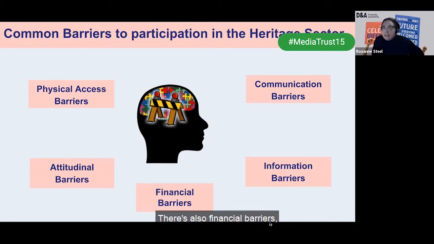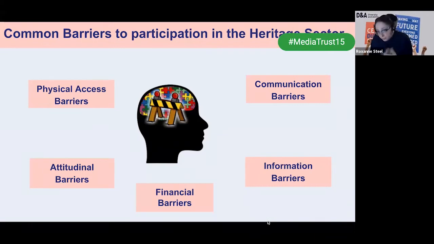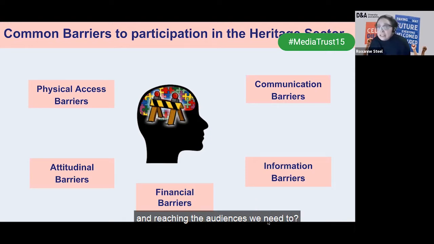There are also financial barriers, not only to access sites and spaces, but it might even be financial barriers to be able to access additional support to go to these spaces. There are also communication barriers. So this is something that will help you break down with some of our tools. Are we effectively communicating inclusively and reaching the audiences we need to?